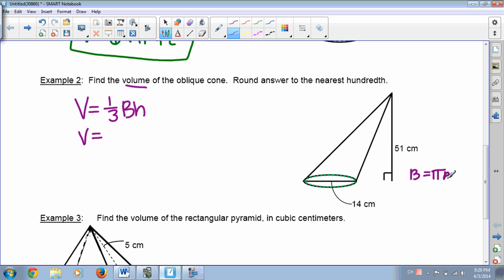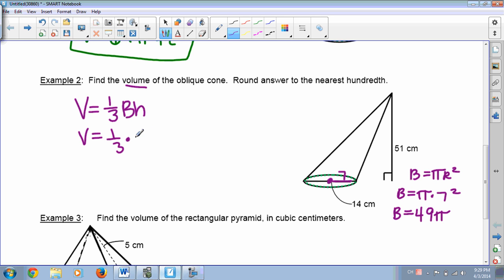So we have pi r squared. Okay, our radius of the circle is not 14. 14 is our diameter, so our radius is 7. So pi times 7 squared. Well, 7 squared is 49. So the area of our base is 49 pi.